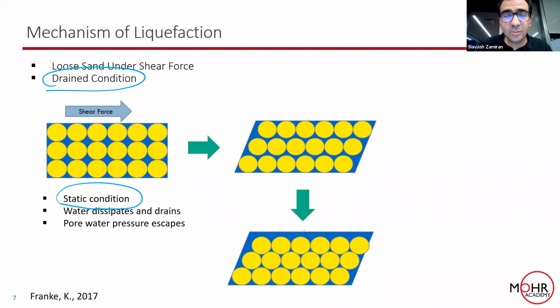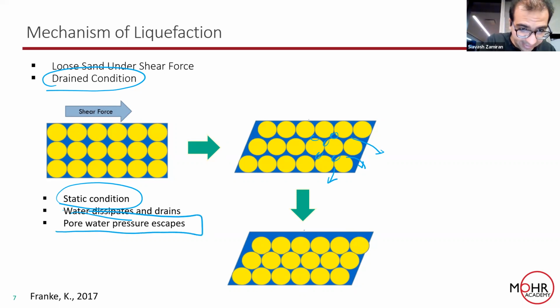During that gradual loading, we'll see water dissipation in the sand, and then the soil starts to deform, and that deformation changes the porosity between the particles. Therefore, water will escape from the elements and the particles, and the pore water pressure is released.